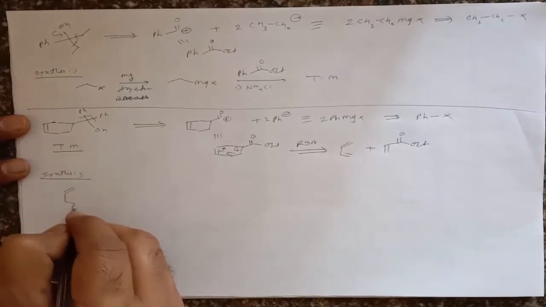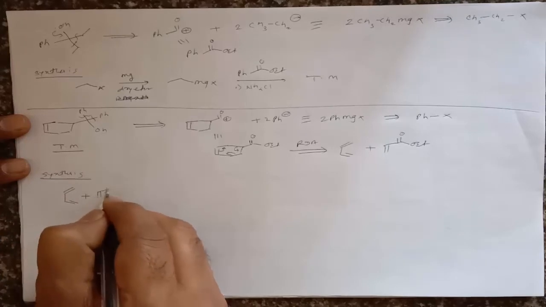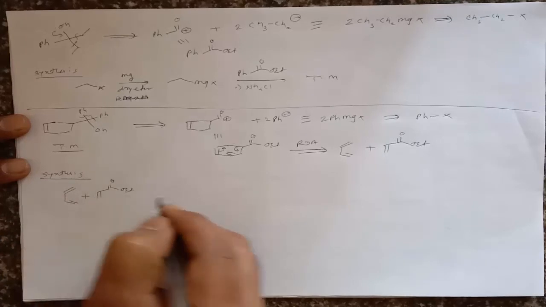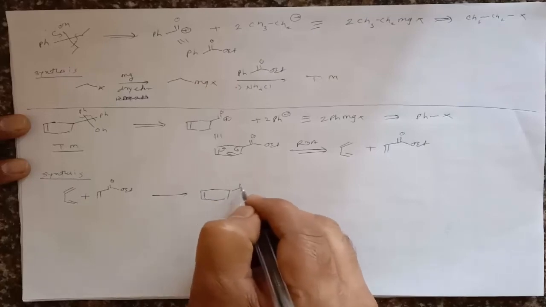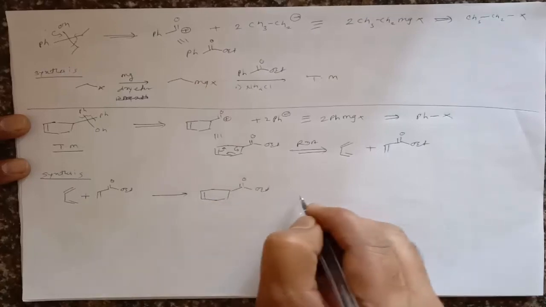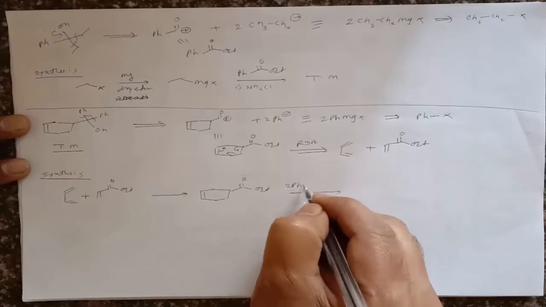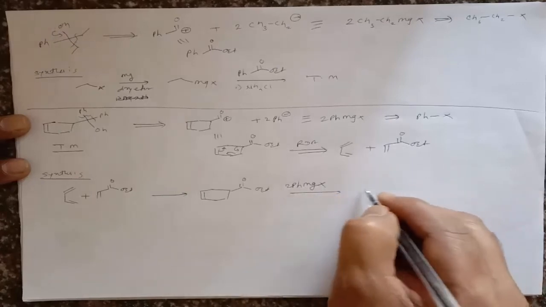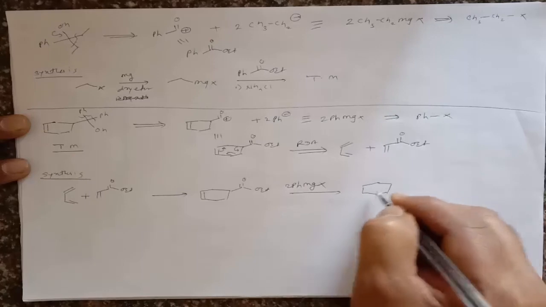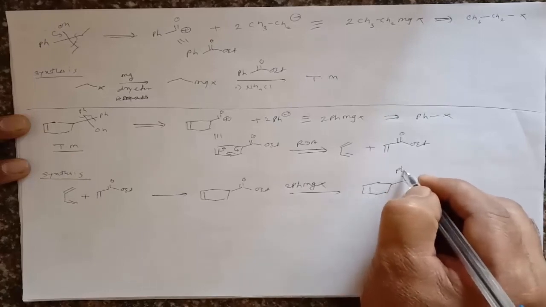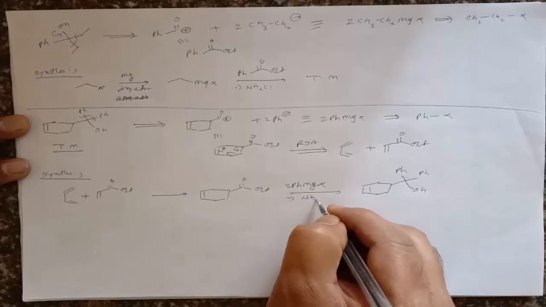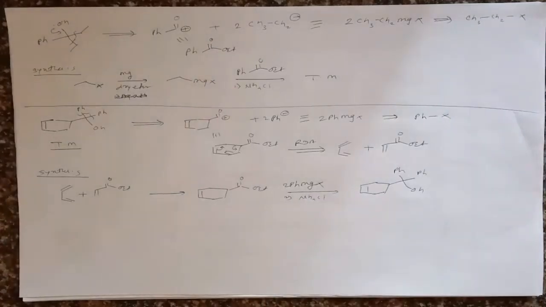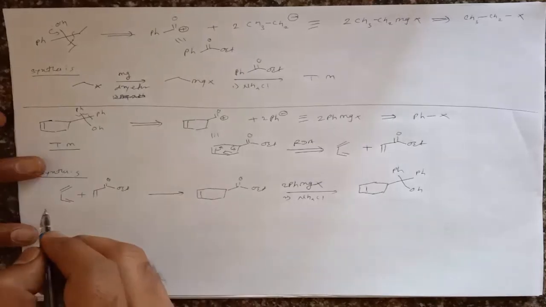We take butadiene and add ethyl acrylate, and it gives a cyclic ester. In that, if we add two molecules of PhMgX, it gives a molecule like this with Ph and OH. If we add ammonium chloride, it gives the target molecule. So this is a very simple way to prepare such alcohols.